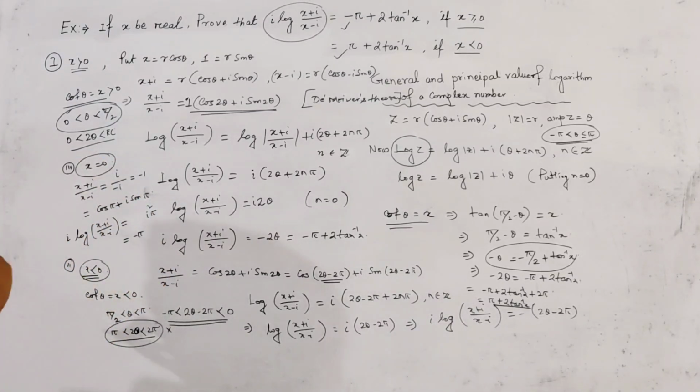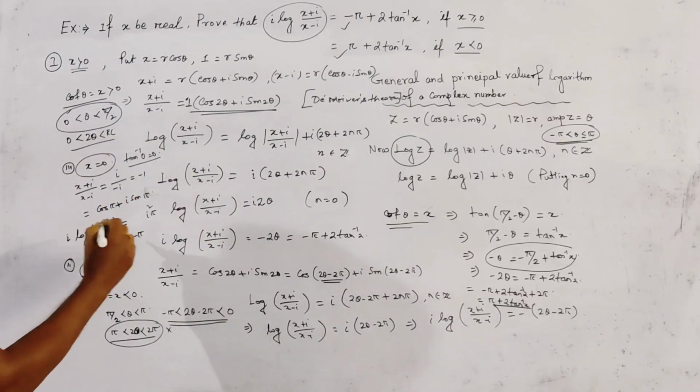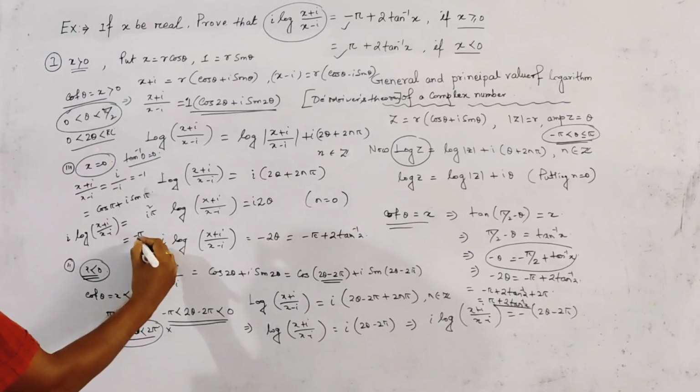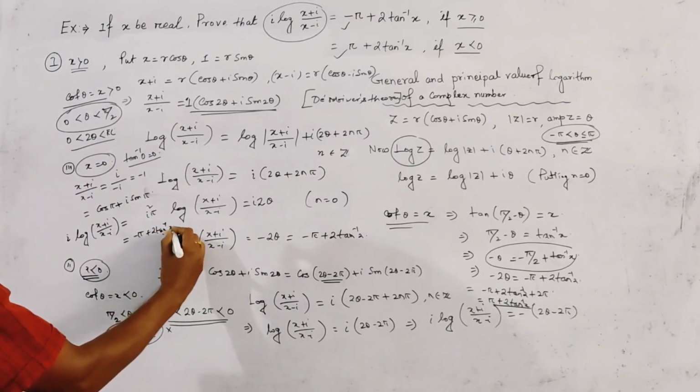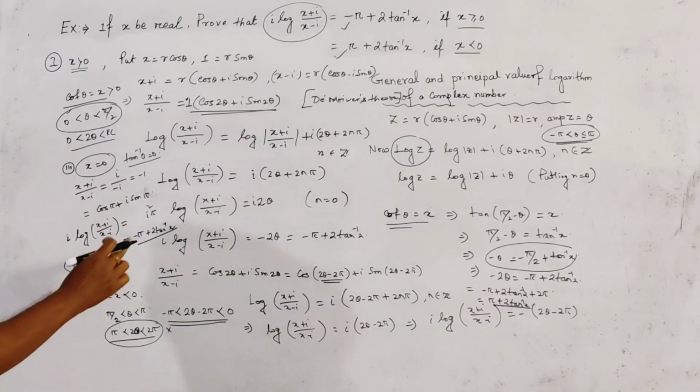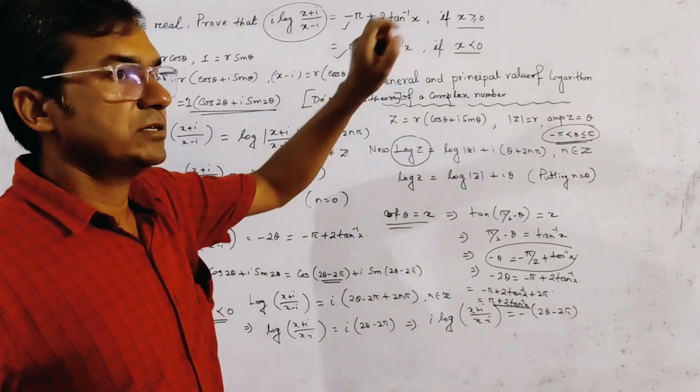Since x is equal to 0, tan⁻¹0 is 0. So at x = 0, we write −π + 2 tan⁻¹x, and we write this type of result because of the similarity to the first result.